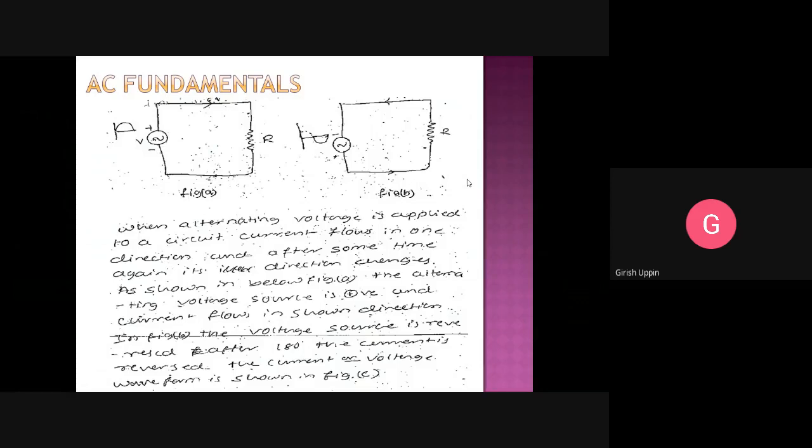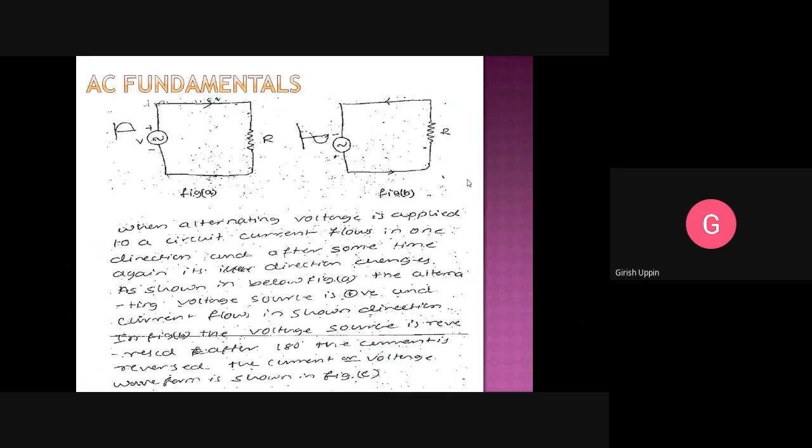In the last section, we looked into what is alternating current or alternating voltages, or we can call them alternating entities. They are entities that keep on changing their magnitude with respect to time, and also they might change direction.